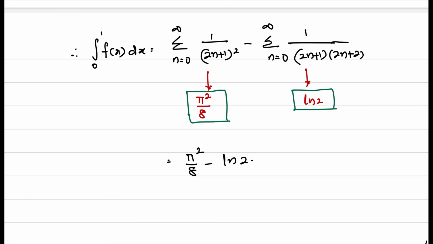It is a combination of Riemann integrals and also sequence and series. It's a very good example for finding the integral as a sum of sequence and series, and finding its value.